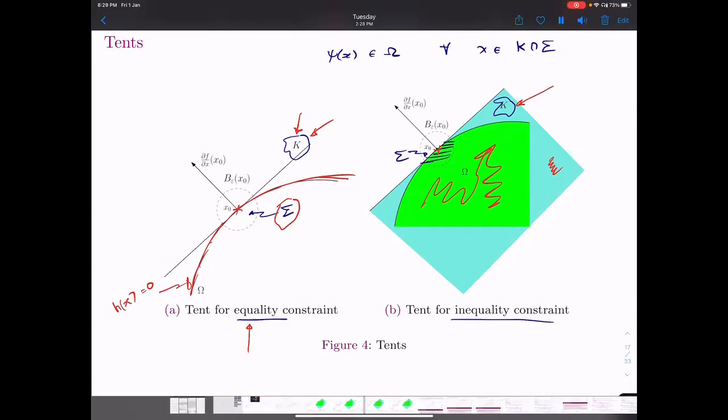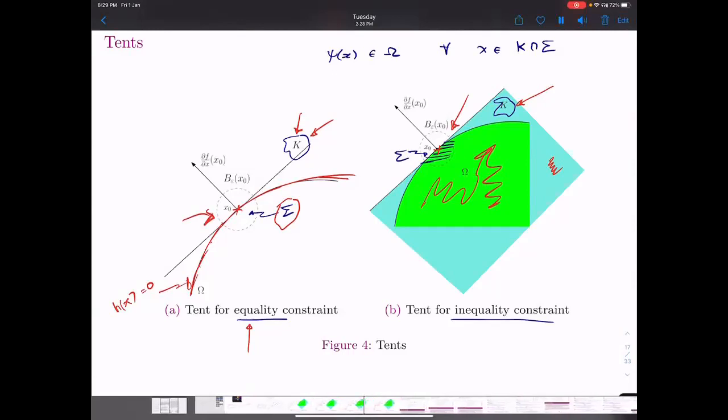So they are called the tangent convex cone approximations to these sort of level sets or surfaces or any other type of sets close to the point which is being considered for optimality, right?